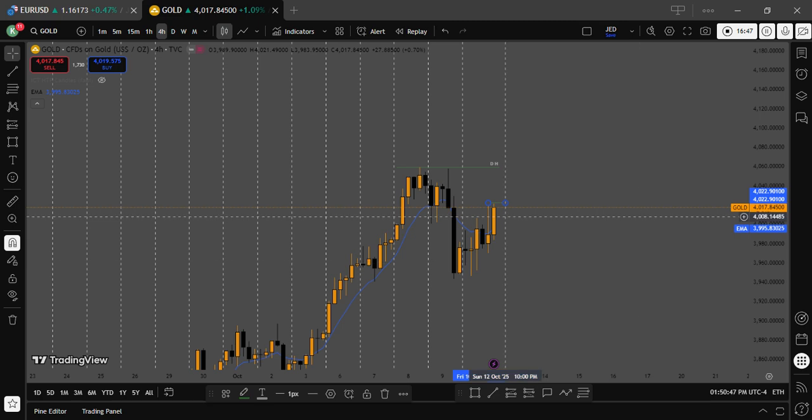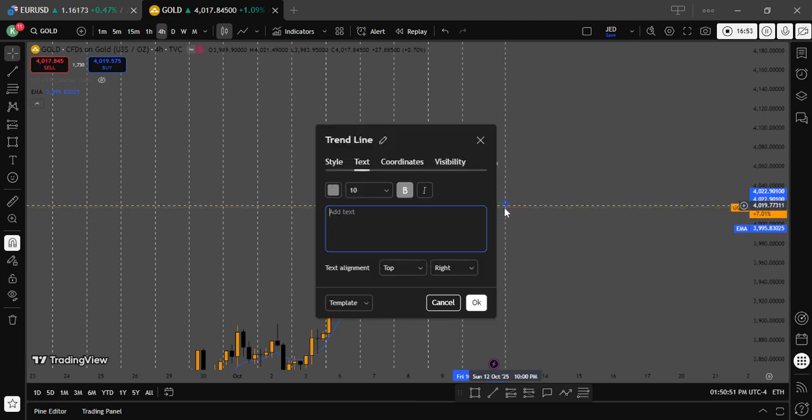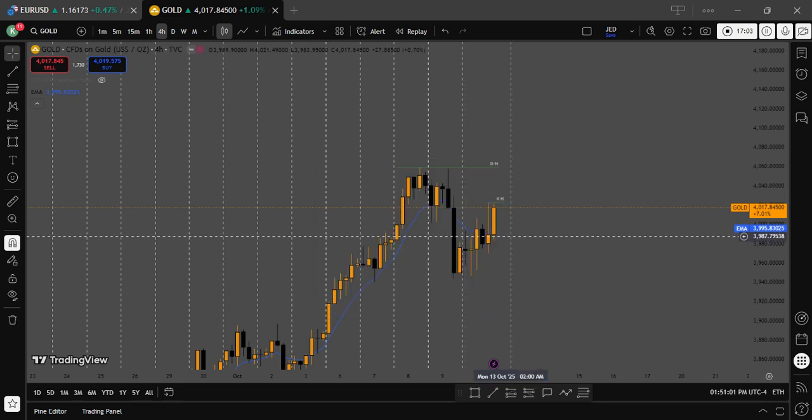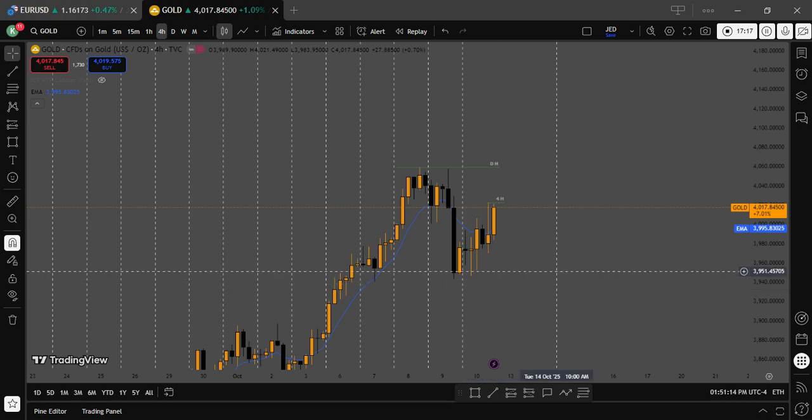Then we'll be looking for that particular high rather than the one we spoke of. We'll be looking for this high. If we take it, then we'll be looking for price to push down. If not that, we are not doing anything on gold. That's for tomorrow. So this is how we are anticipating price in the various instruments in which I trade.